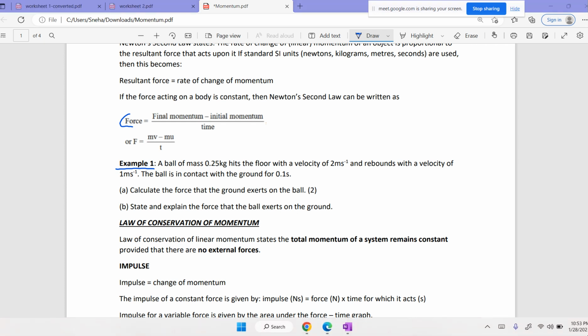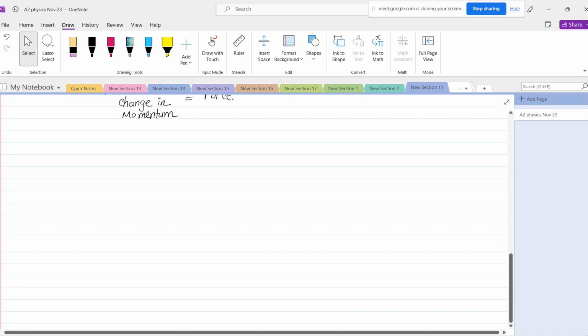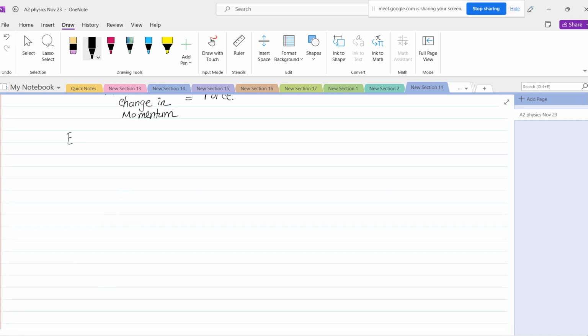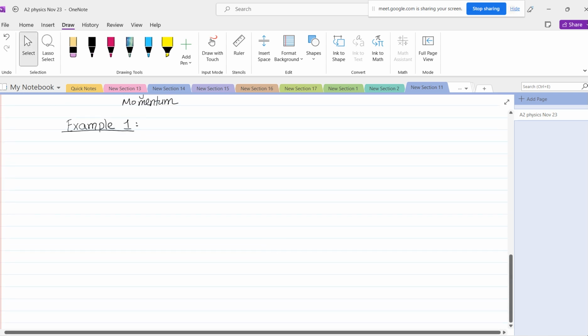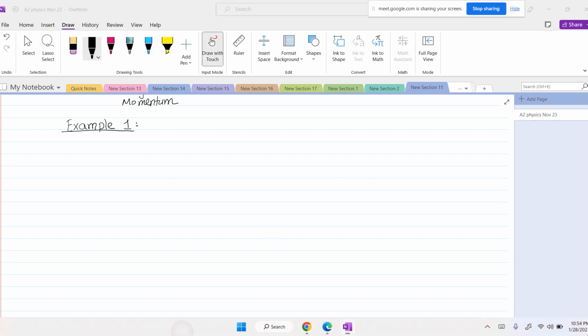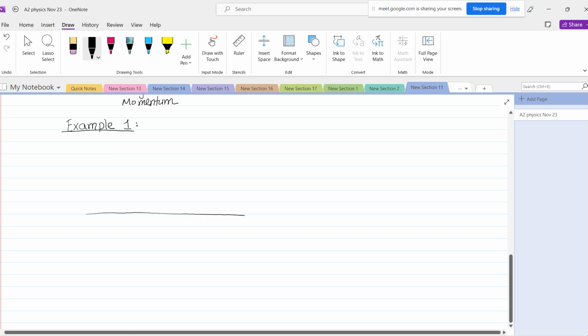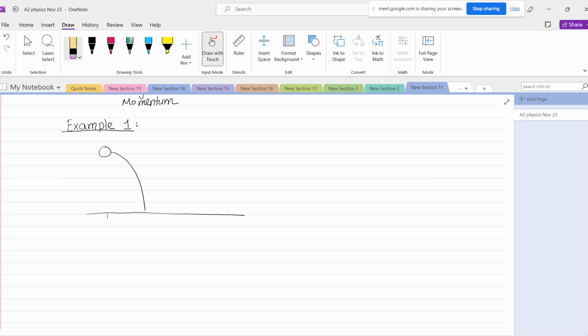So if I draw the diagram for the entire scenario, example 1, this is the entire scenario of a bouncing ball.